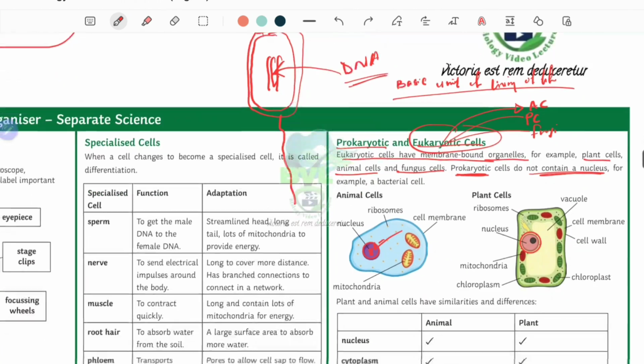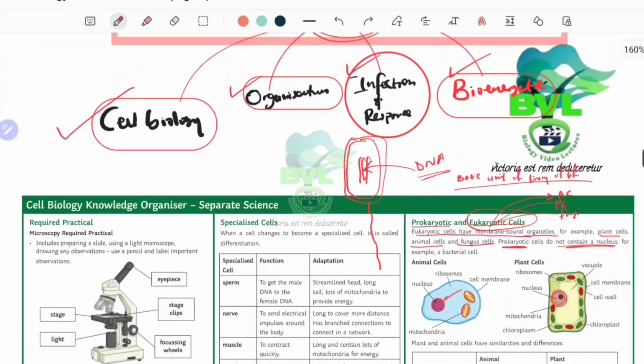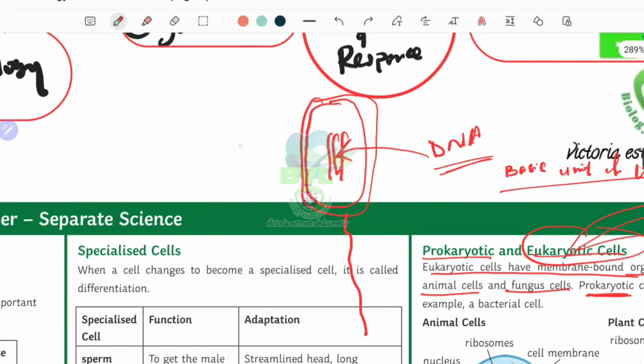Of course, that's not the only difference you should know between the two of them. You should know that prokaryotic cells are smaller. An example is bacteria. You should know that some of them have a plasmid, which is a second DNA that helps the bacteria develop resistance against antibiotics.